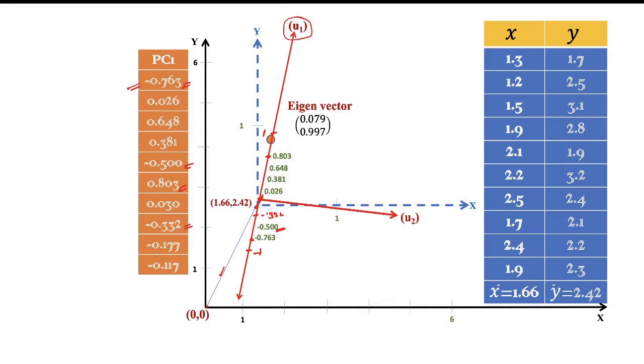We have evaluated two values of lambda: one is 0.46, and lambda 2 is 0.42. Computing the eigenvector for lambda 2, we will get an eigenvector that is perpendicular to the eigenvector u1.